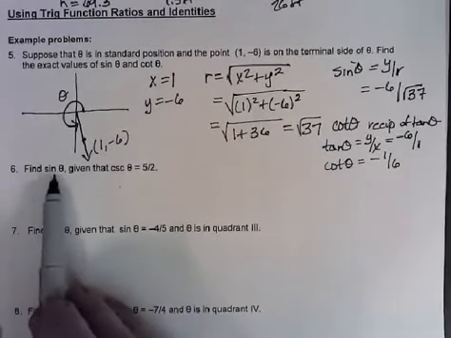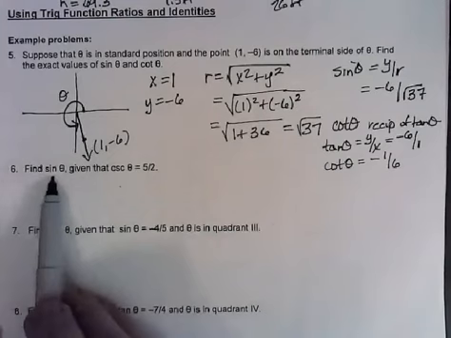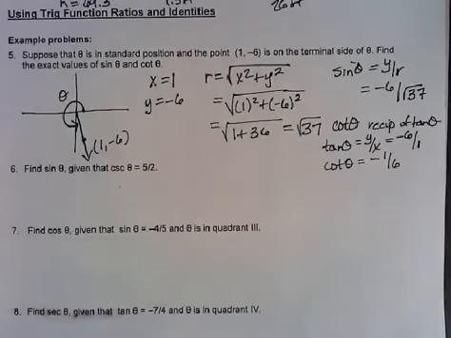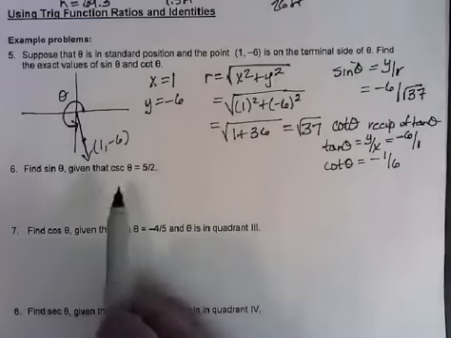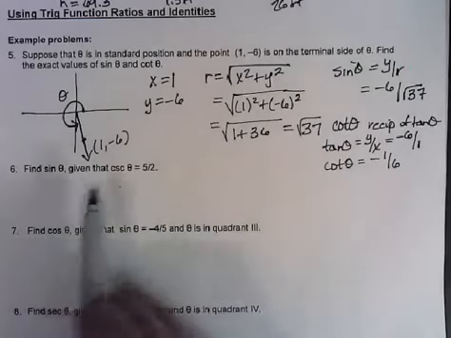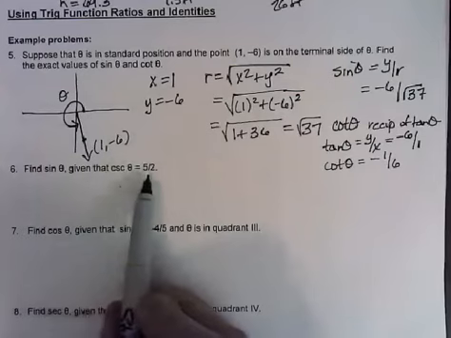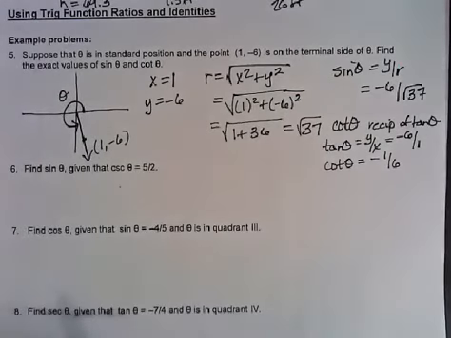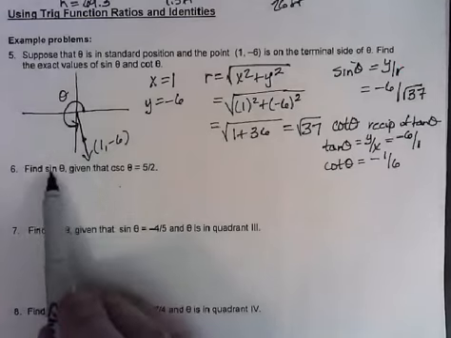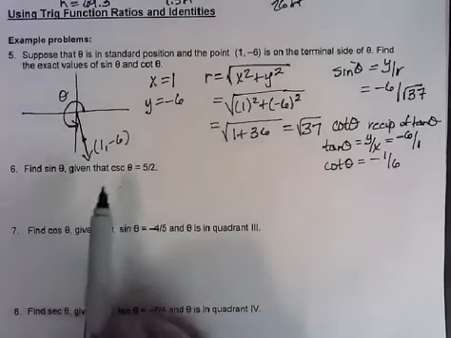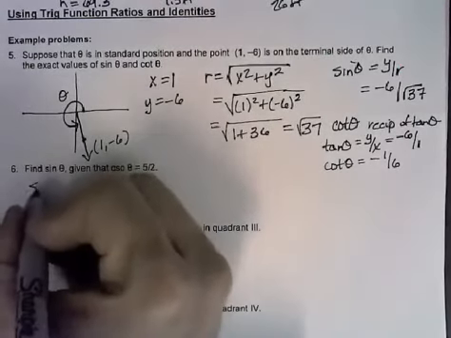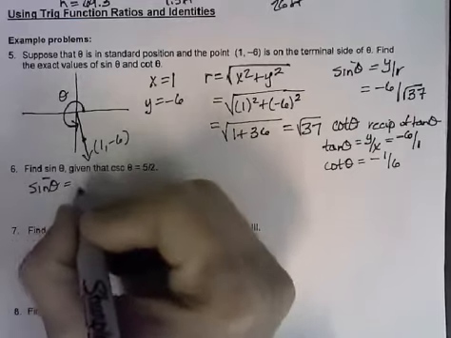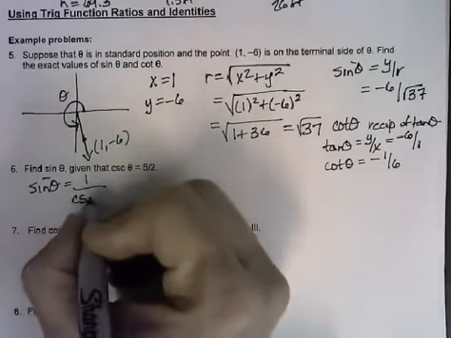For this one, we've got a value for cosecant and we're trying to find sine. One of the things you'll need to do for this test is figure out which identity or which formula to use. That depends on what you're given in the problem and what you're trying to find. In this, you're given the value for cosecant and you're trying to find sine. If you're looking at some of those identities, the one that relates these two functions specifically is one of the reciprocal identities, and that is that sine is 1 over cosecant.